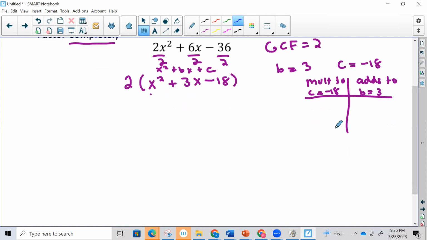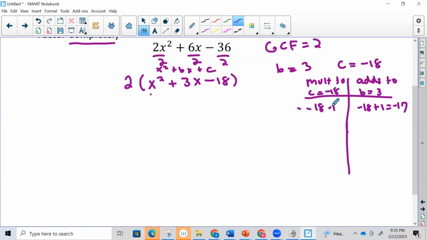Okay, and so then we write our factors. Okay, so -18 times 1, and that gives me a -17. And one thing to note is, if I make my bigger number negative, because I need a negative times a positive, this number is going to be negative, and that's not what I want.